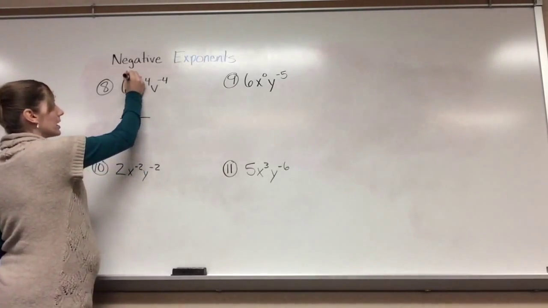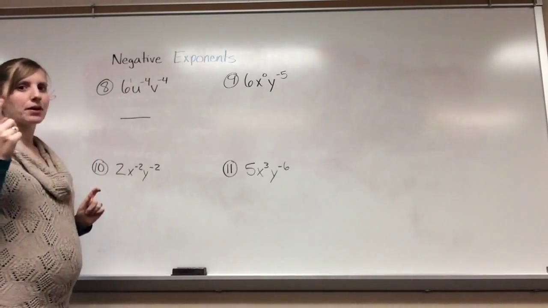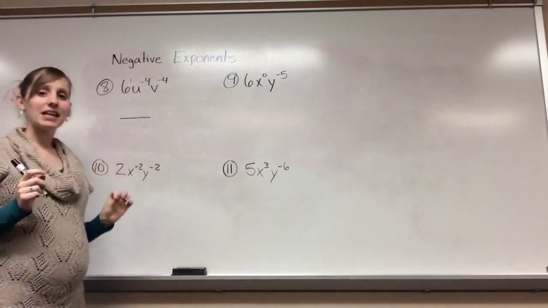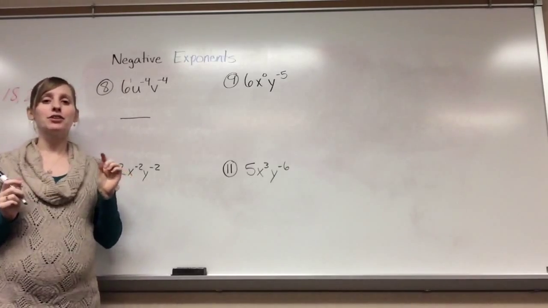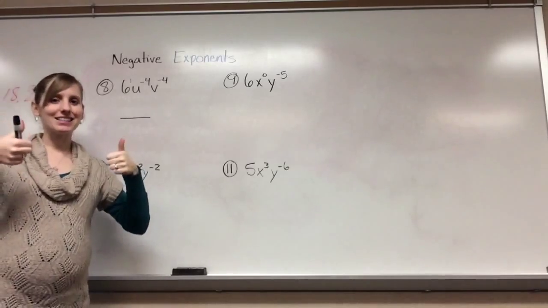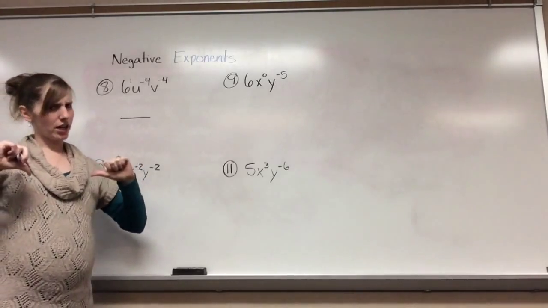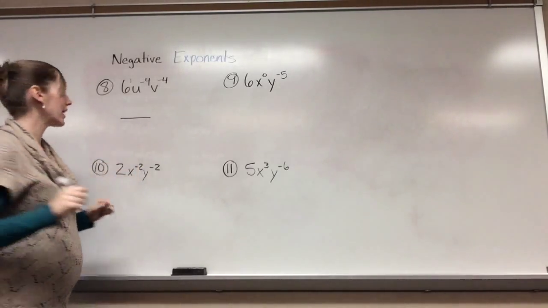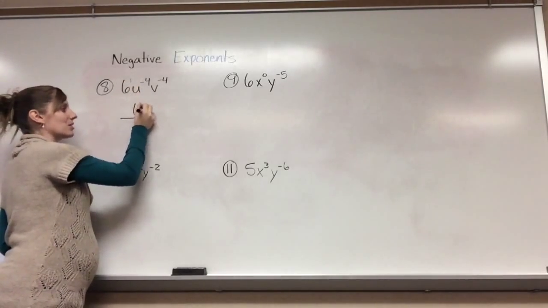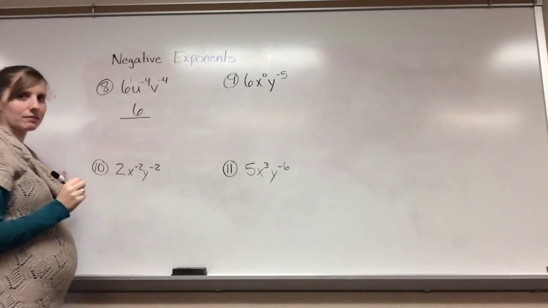I'm going to go ahead and put it right now so that I remember that 6 has a positive exponent. That means the 6 belongs in the numerator of the fraction. It goes at the top. Positive exponents go at the top. Negative exponents go at the bottom. Okay? So 6 to the positive 1 means it goes at the top of the fraction.